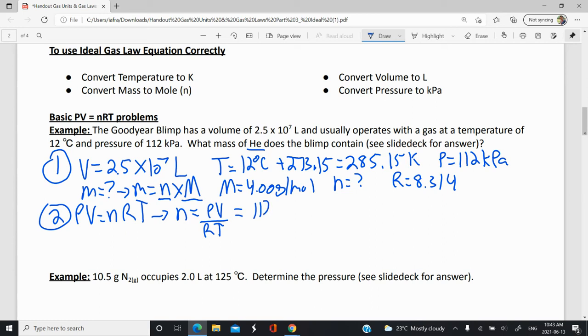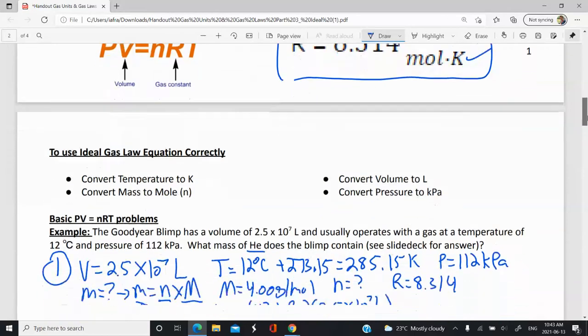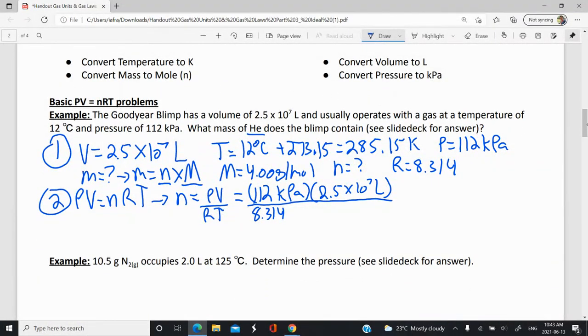So we can do 112 kPa multiplied by our volume, 2.5 times 10 to the power of 7 liters, divided by our 8.314. And if you look at the units, it's kPa liters per mole Kelvin. So kPa liters, that's multiplied there, per mole multiplied by Kelvin there.